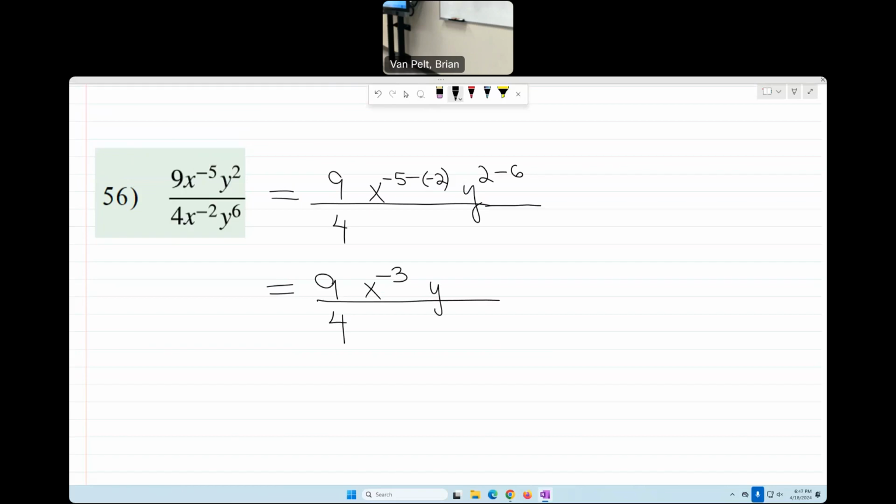Y is a negative 4. Then you know what to do with these things now that you're in this position. We end up with 9 divided by 4x cubed y to the 4. Lots of exponents.